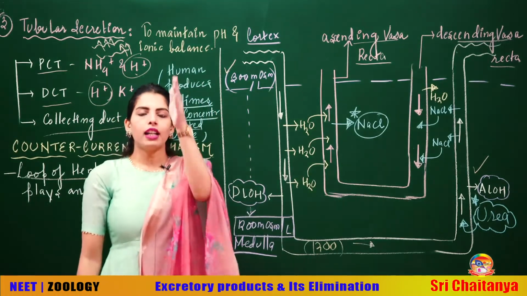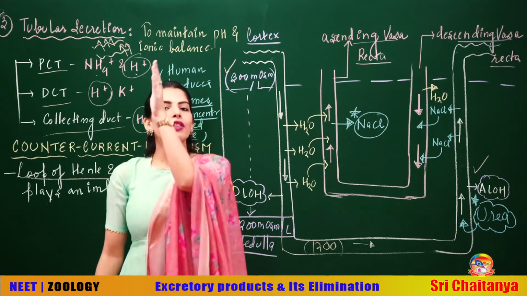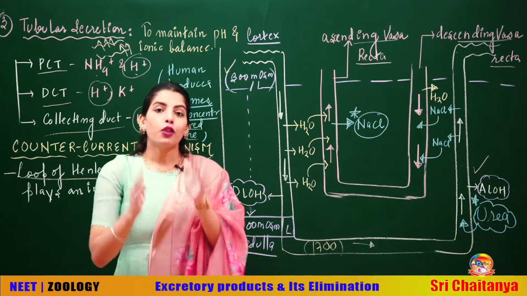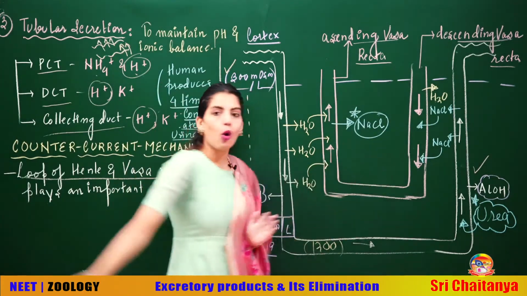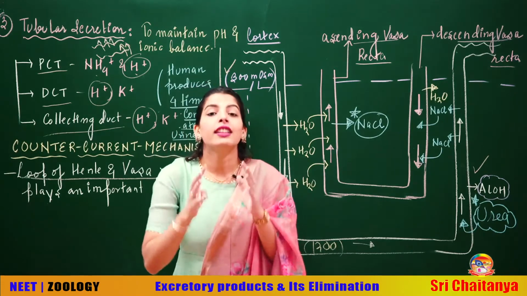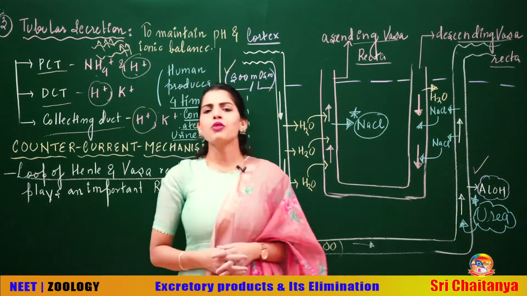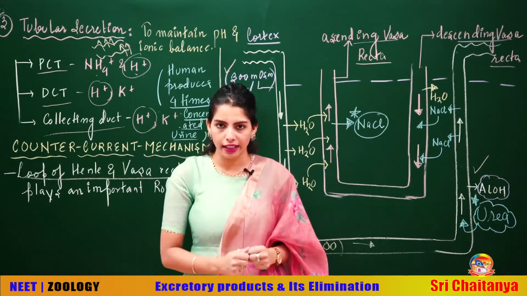Got it? Parallel with descending loop of Henle is ascending vasa recta. Parallel with ascending loop of Henle is descending vasa recta. The flow of blood in the ascending and descending vasa recta is also in opposite directions, thus forming counter current. Now see how this counter current mechanism is helping in concentrating the urine.